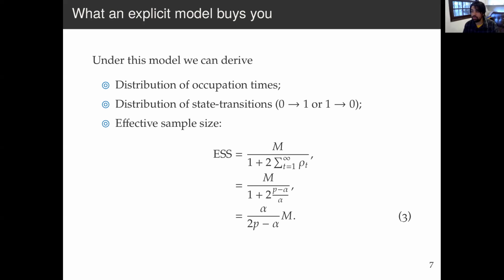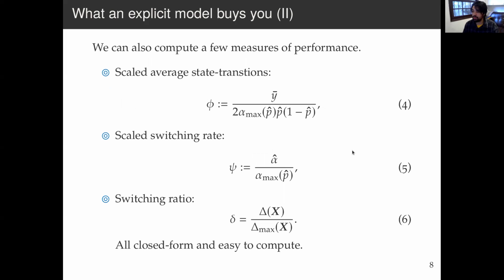We can also derive the distribution of state transitions. So whenever you change from 0 to 1 or 1 to 0, in closed form. And we can also compute the effective sample size in closed form, right? It takes this lovely little form here.